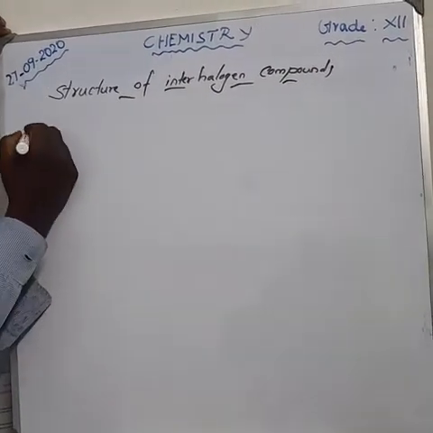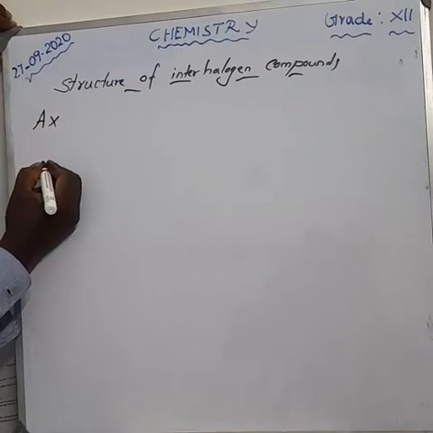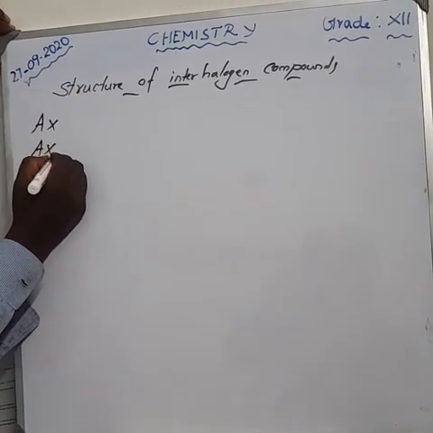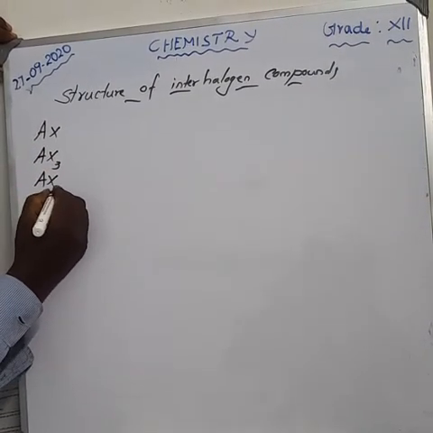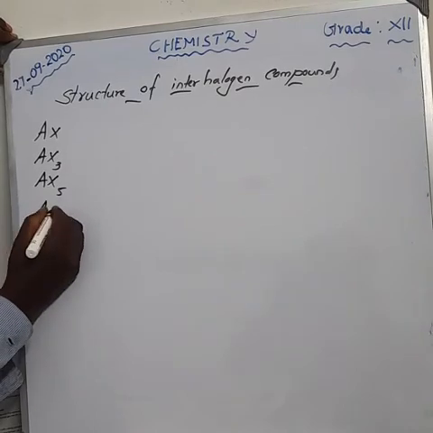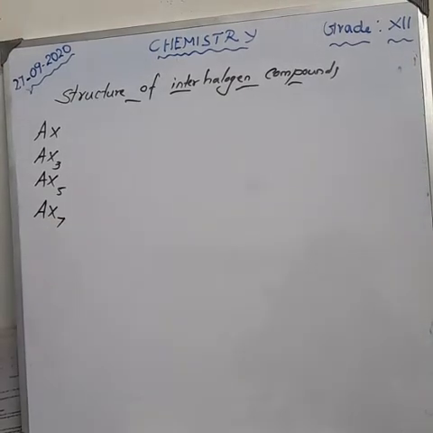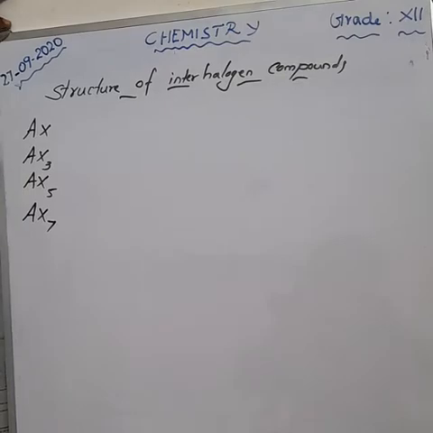One is AX type, next is AX3 type, AX5 type, and AX7 type. These are the four types of interhalogen compounds.